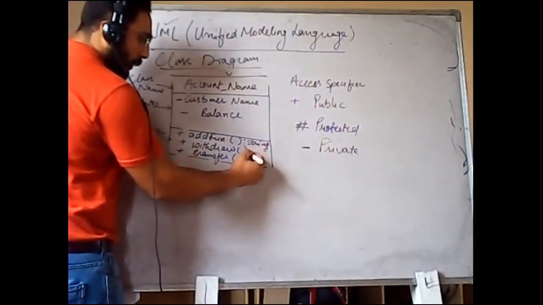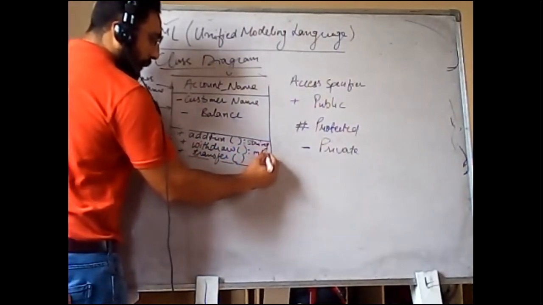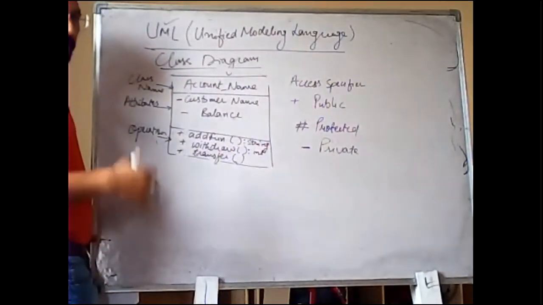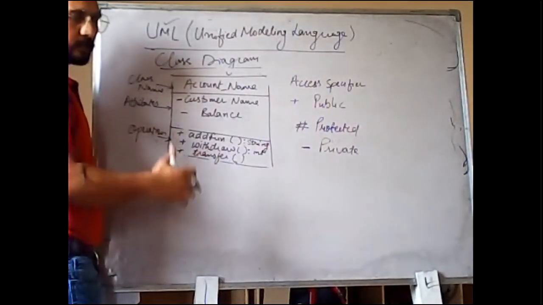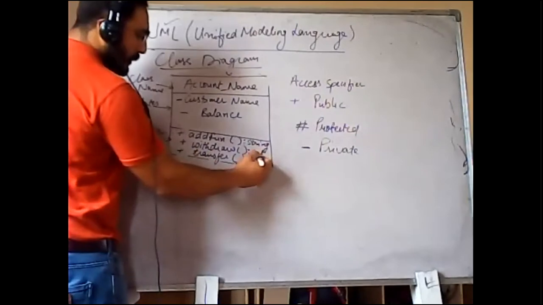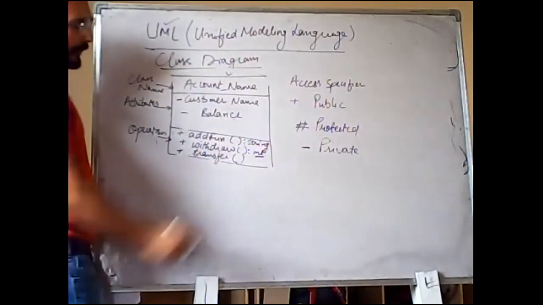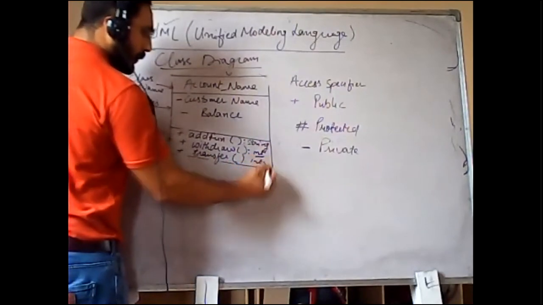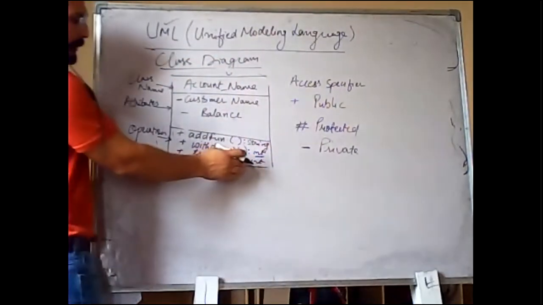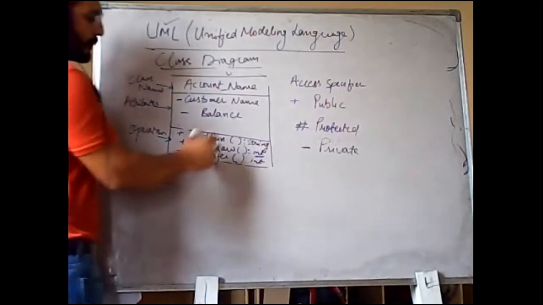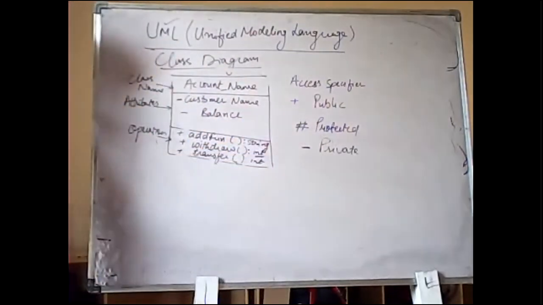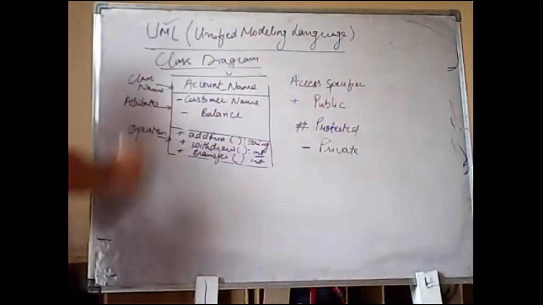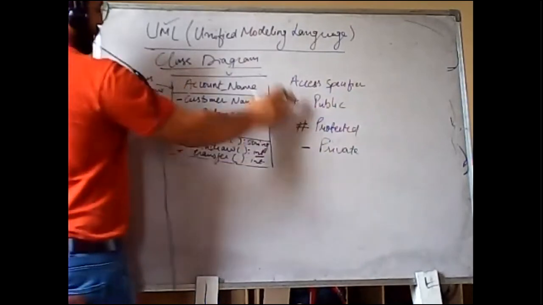Withdraw is your integer type. You will give values like 10,000, 2,000, and it is in which data type? That is your integer data type. Transfer is also in the form of integer. We will write in this manner. We will give a data type also in our class diagram. This is your class diagram.